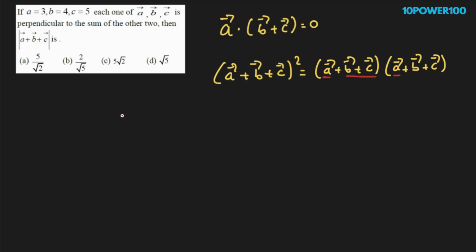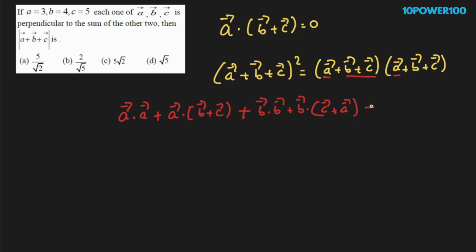So we get first vector A dot vector A plus vector A dot, I'll take B plus C. Any of those values are zeros. That's the reason I'm considering like this. Plus now B with these three vectors. So I considered B dot B plus vector B dot C plus A.